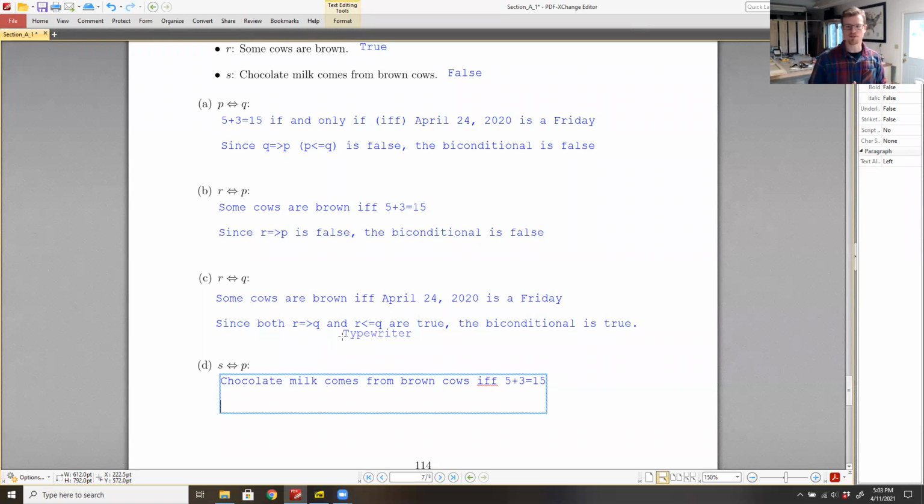If 5 plus 3 is equal to 15, then chocolate milk comes from brown cows: true. In each case, the premise was false. So since both directions are true, S implies P and P implies S, the biconditional is true. And that's it.